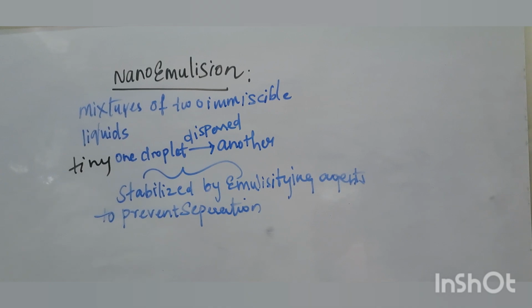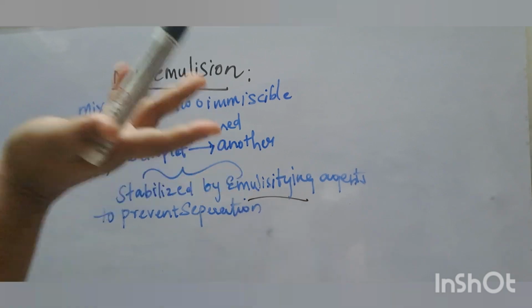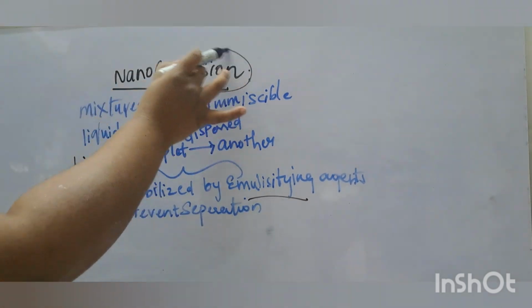The better example is oil in water or water in oil, in which those two immiscible liquids don't mix up, right? So for that we use an emulsifying agent, and we simply call it an emulsion.